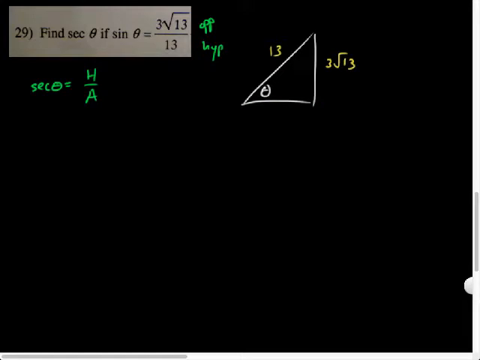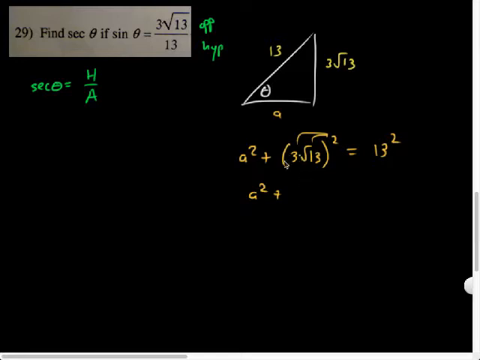This is a right triangle to our knowledge, right? It's got to be if these ratios hold true. So I'll call it A for adjacent. A squared plus 3 roots of 13 squared is equal to 13 squared. Now careful right here, I'm going to have this square apply to both of these factors.